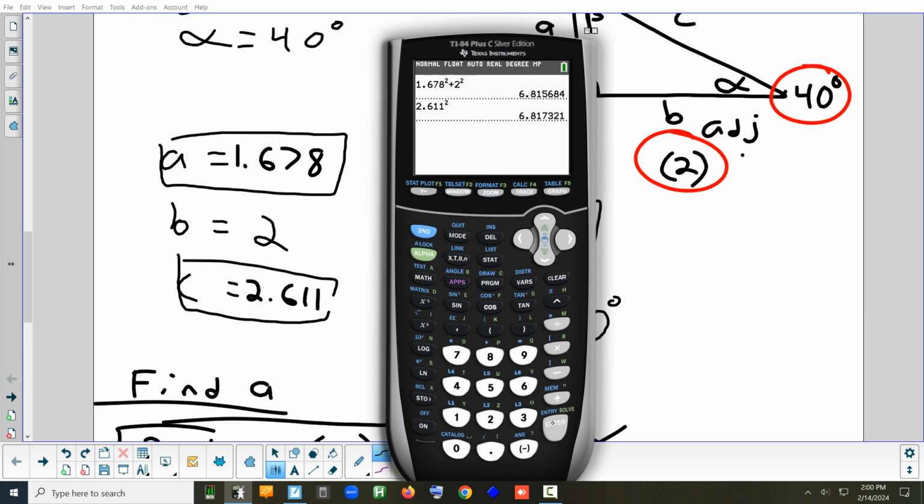But you're close, though. Oh, it's rounded. Right, it's because it's rounded. We only rounded to 3 decimal places, so I wouldn't expect it to be accurate really past 2. If you wanted more accuracy, you would have needed even more. But they both came out to 6.816 rounded, 6.817. Yeah, very close.